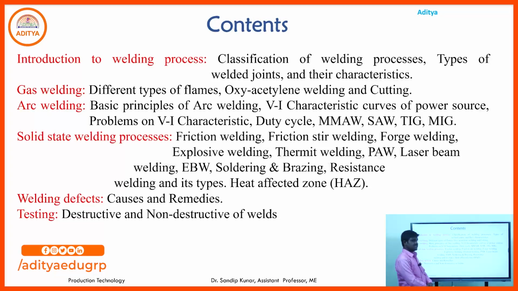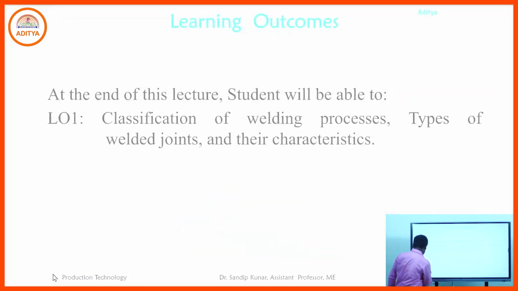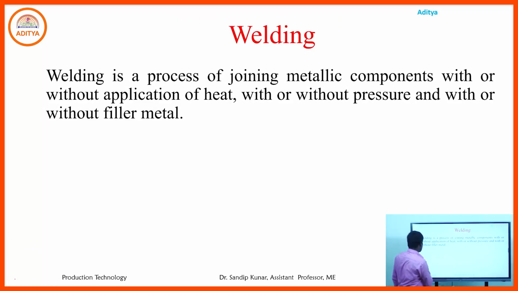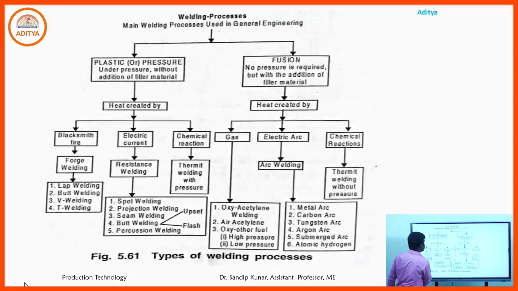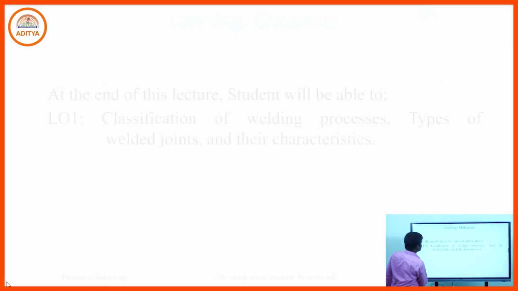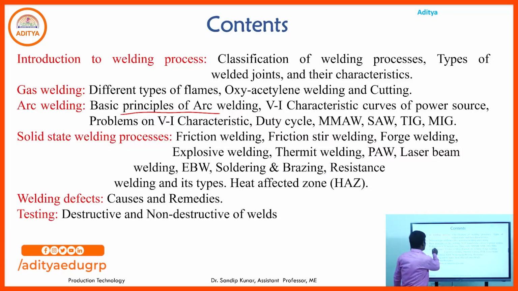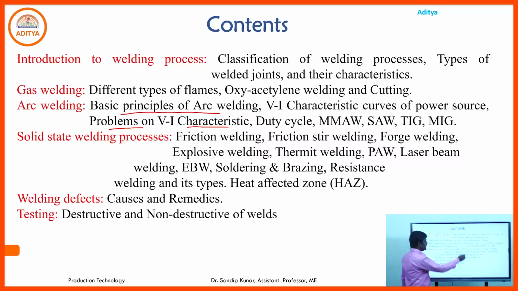Third, arc welding: basic principle of arc welding, VI characteristics, voltage-current characteristics curves of power source and problems on VI characteristics, duty cycle, MMAW (manual metal arc welding), submerged arc welding, tungsten inert gas welding and metal inert gas welding.